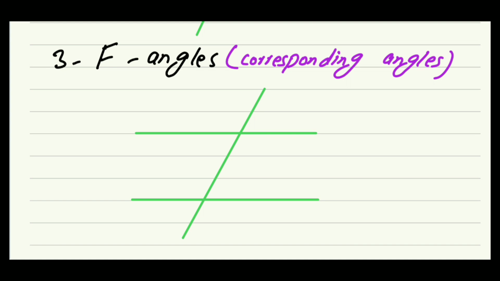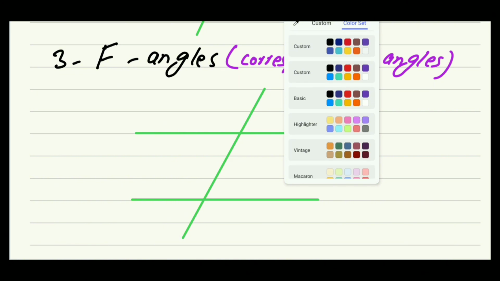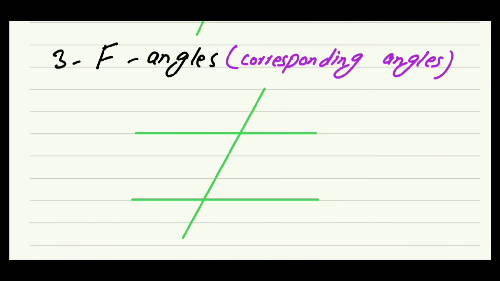So we can see here an F shape. This is the F shape that we can see here. The angles inside the F shape are this one and this one. If this is A, this will also be A. So what is the property of corresponding angles?